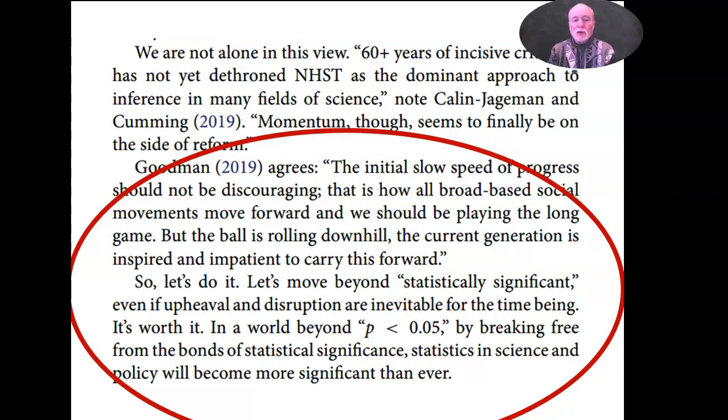The current generation is inspired and impatient to carry this forward. So let's do it. Let's move beyond statistically significant, even if upheaval and disruption are inevitable for the time being. It's worth it. In a world beyond P less than 0.05, by breaking free from the bonds of statistical significance, statistics in science and policy will be more significant than ever.